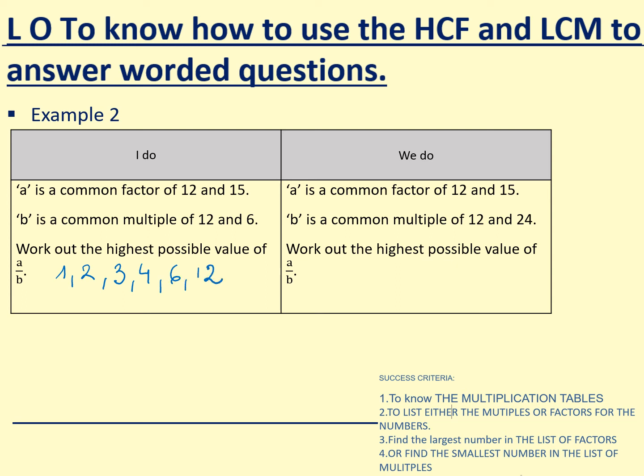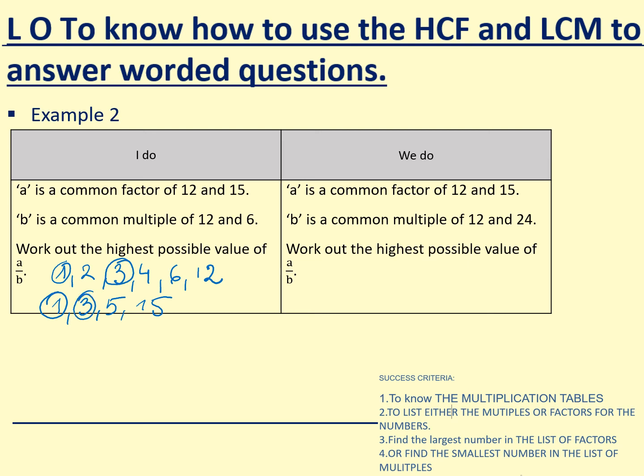Yes, 1 times 12, 2 times 6, 3 times 4. We are done. Factors of 15: 1, not 2, 3, not 4, 5, 3 times 5, and 1 times 15. So it has two common factors, 1 and 3.